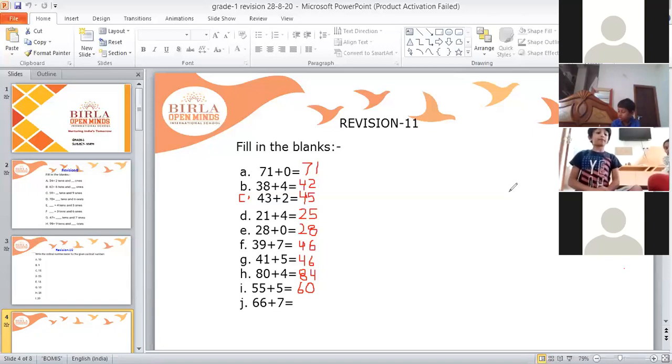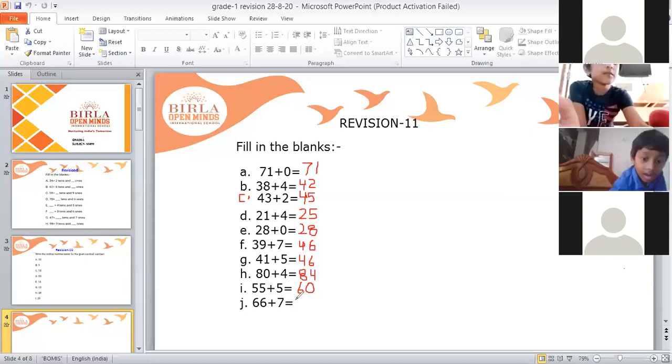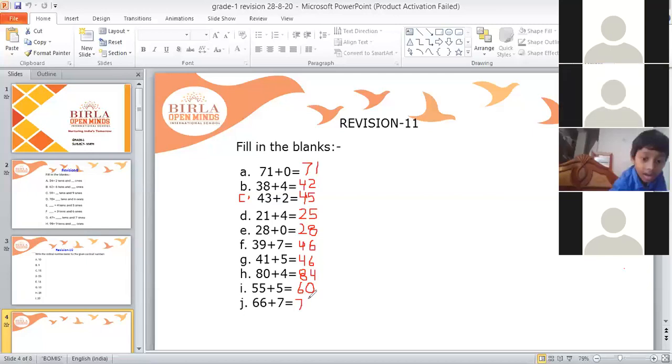Not 70, 7. 66 plus 7 equal to? 73. Very good, Ayan. The answer is 73. 66 plus 7 equal to 73. Children, write this answer.